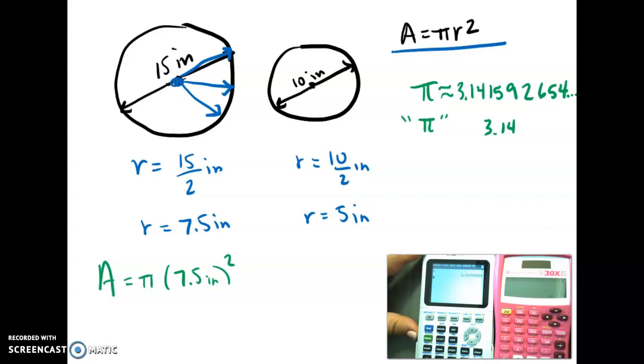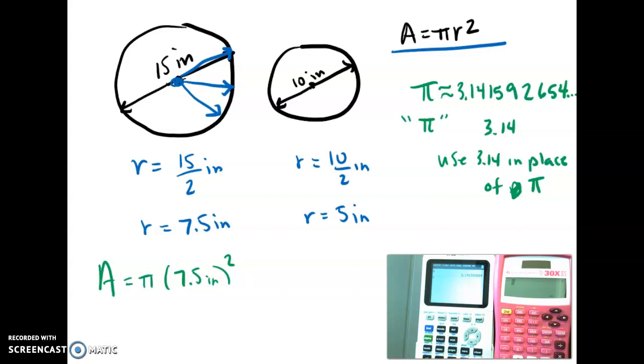Now on some problems it will say use 3.14 in place of pi, but if it doesn't, then you should use the pi button. Now I know this one says to round to 2 decimal places, but it's telling you to round your answer, so not in between, but your answer.